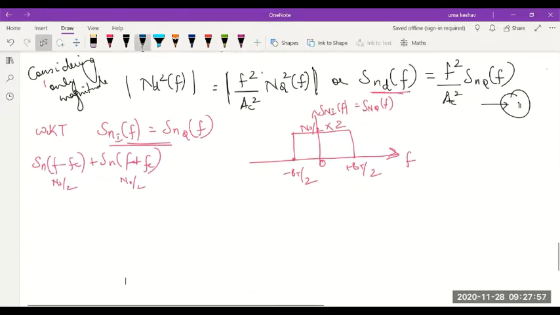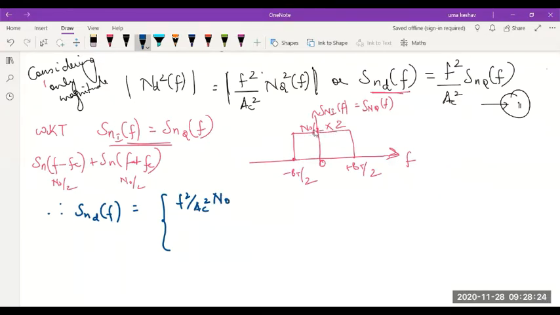Therefore, the power spectral density of detected noise can be represented by this value f square by AC square into how much is this?